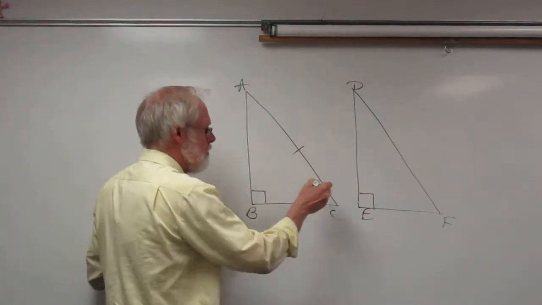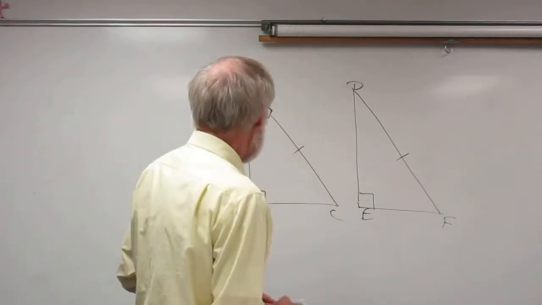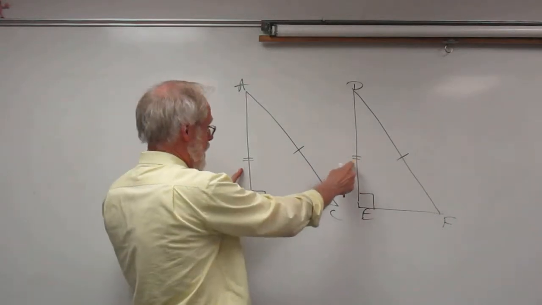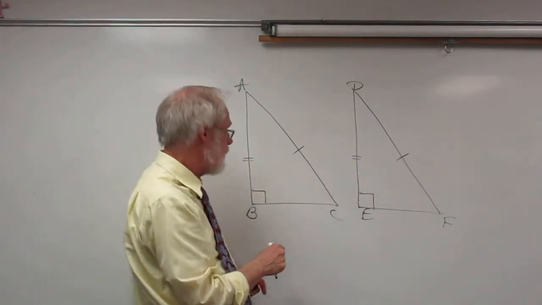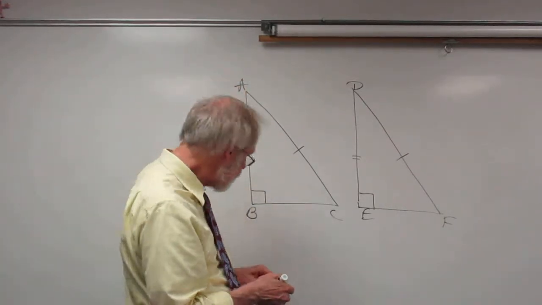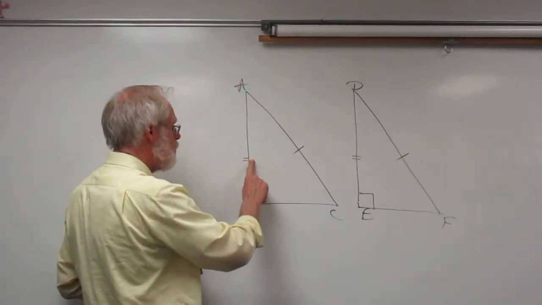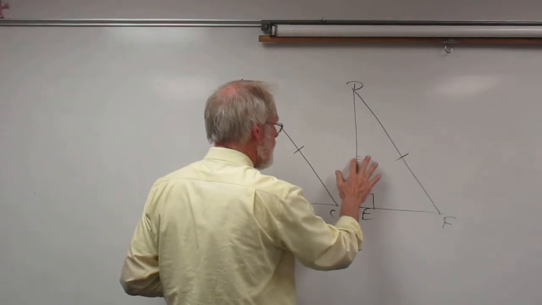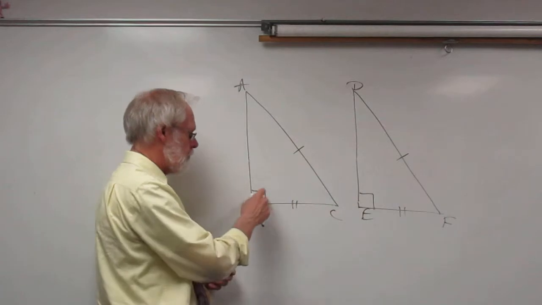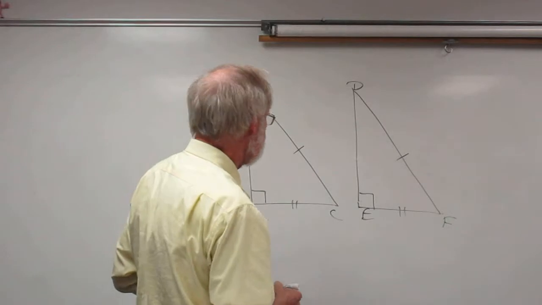If you know that the hypotenuse of one is congruent to the hypotenuse of the other, and you know that one of the legs of the two triangles is congruent, then you have enough to prove the two triangles congruent, assuming and only if they are right triangles. Now, it didn't matter which leg I picked. I could have picked that one, or I could have picked this one. All you need is two right triangles, and the hypotenuse and one leg being congruent.